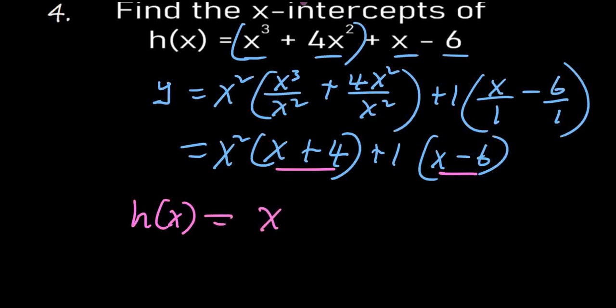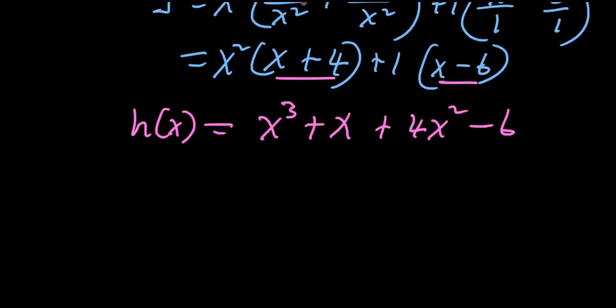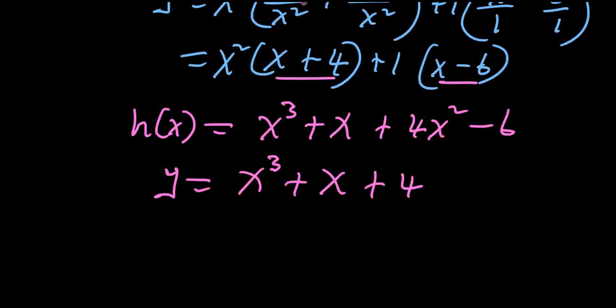if you decide to switch, this is x to the 3rd power. You switch so that plus x comes closer, and then plus 4x squared, negative 6 over here. If you factor this, you still realize that it's not going to work. So you can write y equals x to the 3rd power plus x plus 4x squared minus 6.